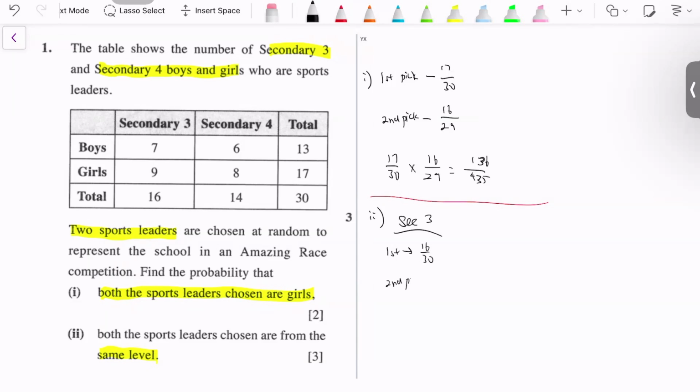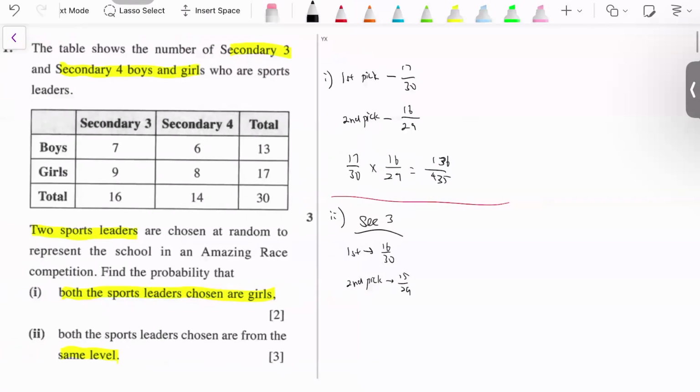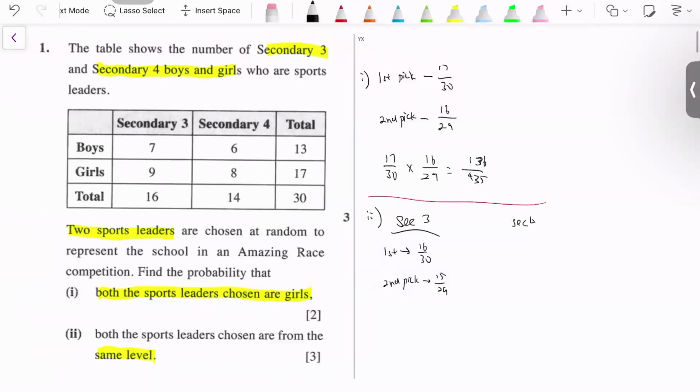Our second pick will be 15 out of 29. Same as in Sec 4. Our first pick would be 14 out of 30. Our second pick would be 13 out of 29. So both are possible because they meet the criteria of the same level.